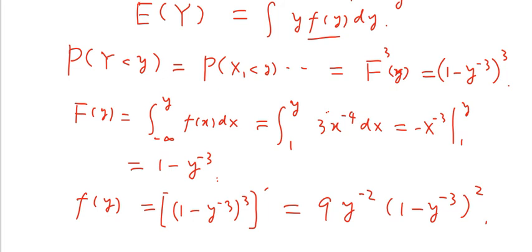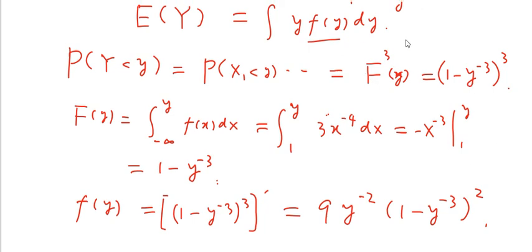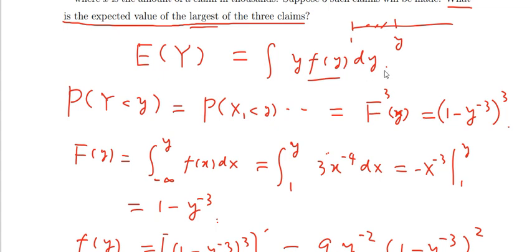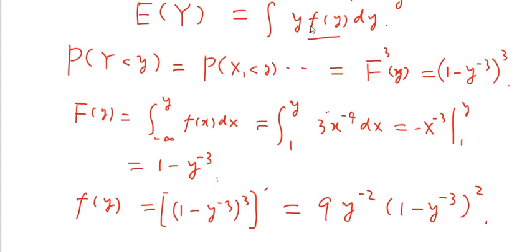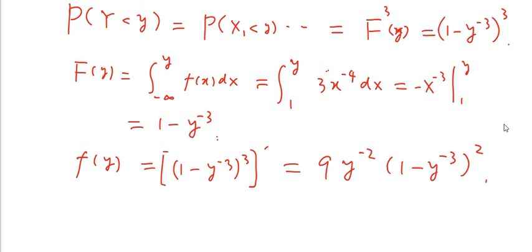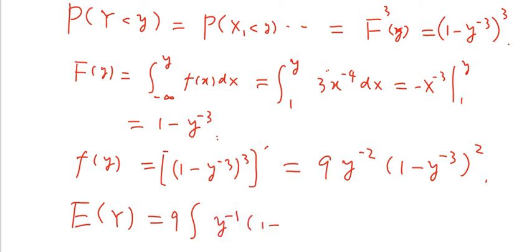Okay, so then we can go back to the problem. If y equals this, then it becomes an integration. So we multiply by y, and this finally equals this integration: 9, so multiplying by y becomes y^-1, then (1 minus y^-3) squared, dy.